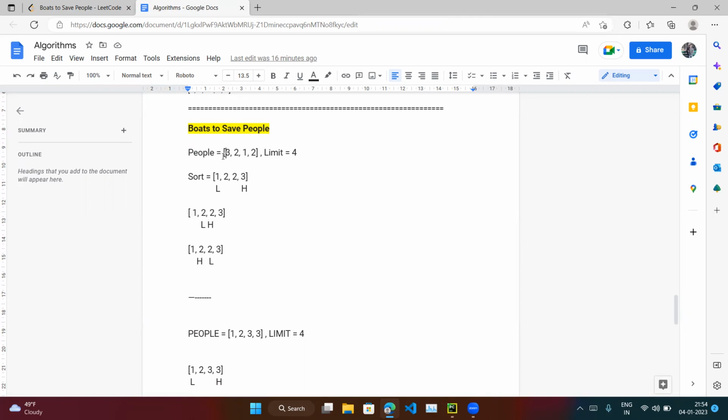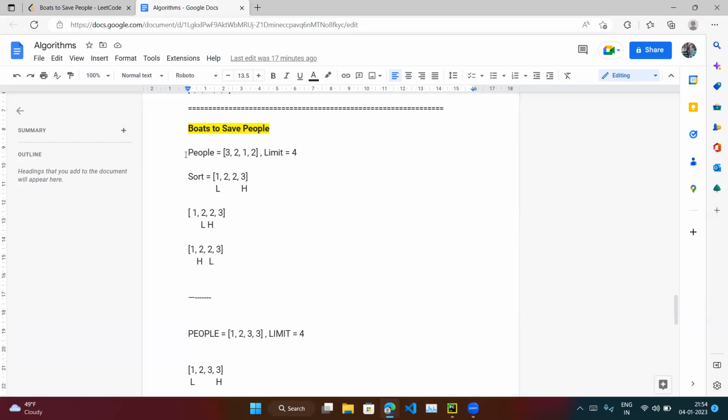There should be some condition: if the person at this position and the person at some other position have a weight sum less than or equal to the limit, then we increase the number of boats, boat equals boat plus 1, and consider that in the starting, boat should be 0. Then we can check the next two, then the next two. So in this way, we have to build some logic, right?